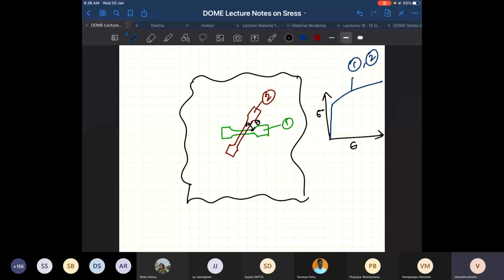So if for 1 and 2 the stress strain curve matches for any theta, then you say that the mechanical or stress strain response is isotropic. So then we say this is isotropic behavior. Okay, what is anisotropic?